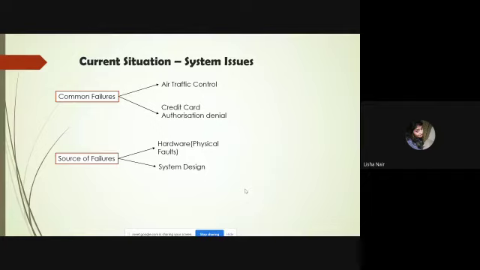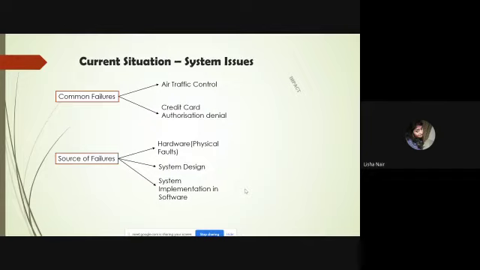When we have a bad design, it might cause failure, and then the implementation of the software. But what we normally find in this industry is primarily hardware failure. So that's why we have maintenance, where we have to maintain the hardware of the system that we are working on as well. So maintenance of the system is very important.